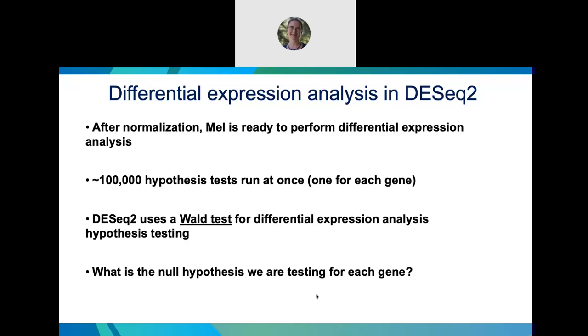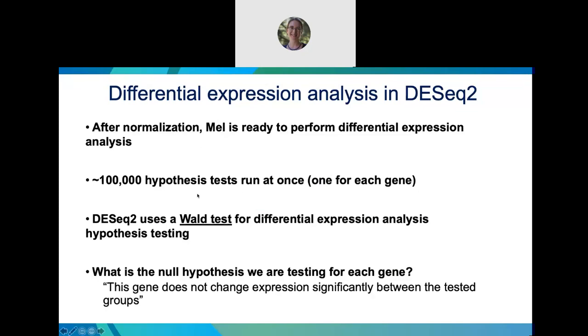And can you guys remind me, what is the null hypothesis that we're testing for each gene? Right, exactly. That this gene is not significantly differentially expressed.